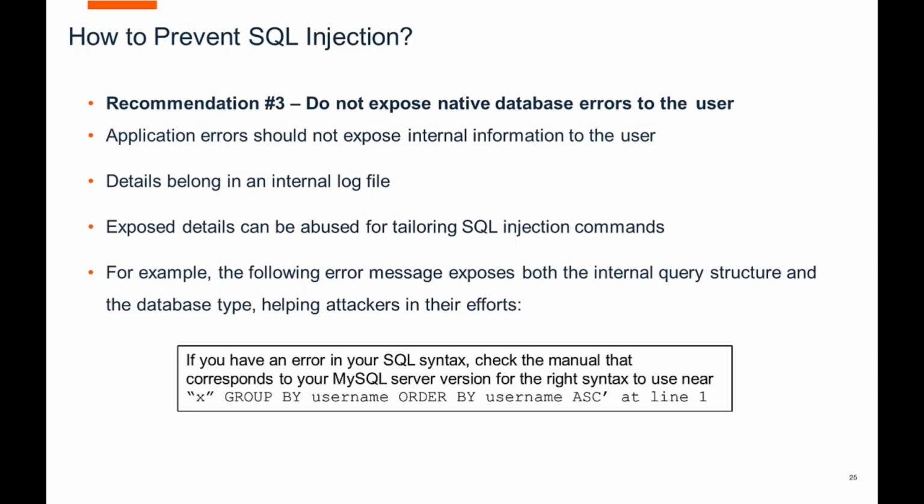That dramatically narrows down the type of things that I could try against this particular application. And it also gives me hints about the query structure, so I now start thinking about the best way to inject things in this particular case. So please give as little information as possible about the underlying database technology to the end user. Detailed error messages belong in internal log files that could be reviewed by engineers, but the end user really shouldn't care about these types of errors. Do not make attackers' job easy this way.